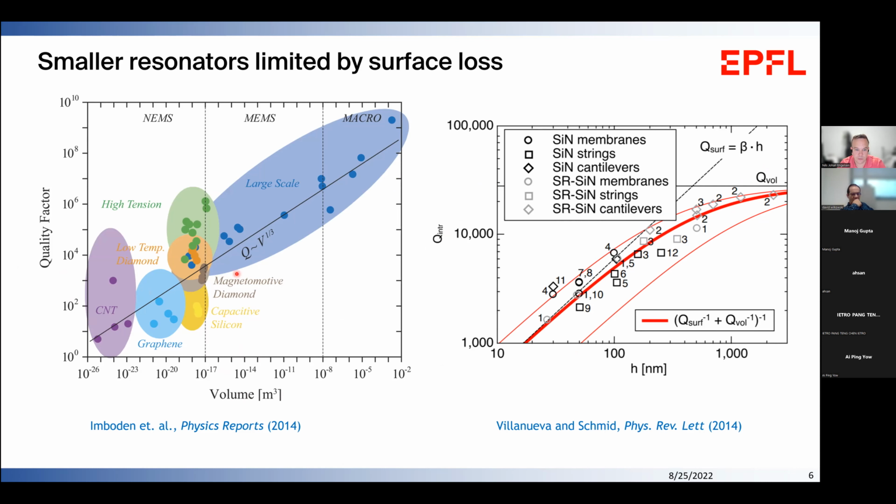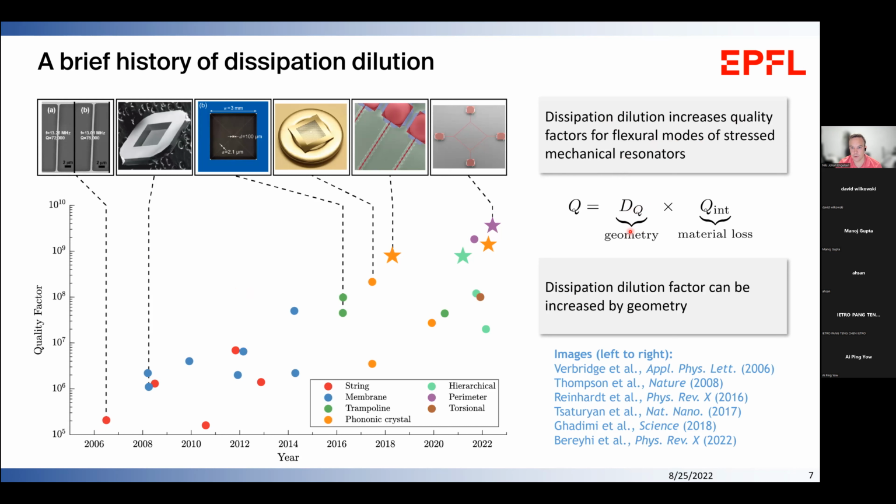And this dissipation dilution factor that I call DQ can actually be affected by geometry. And it can be very large, up to 10 to the 5 or even 10 to the 6. So we can get with this effect mechanical quality factors that are up to 1 million times higher than the intrinsic material losses. And this factor can be engineered by geometry.